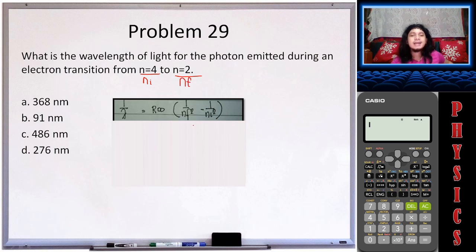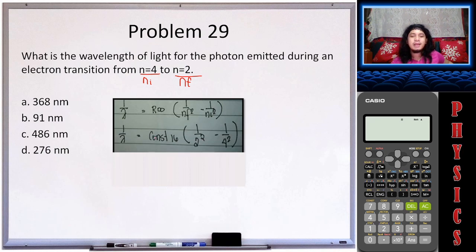And just like that, 1 over lambda equals constant 16. Take note, Rydberg's constant is constant 16. That's 1 over 2 square minus 1 over 4 square. So, pindutin natin for the last time. Easy. That's 1 over x. Shift constant 16.